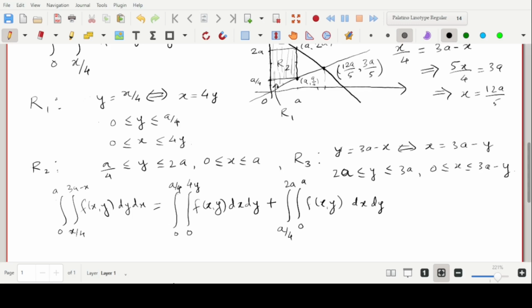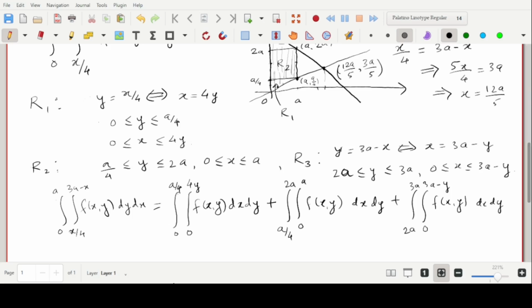Plus the integral of f of xy dx dy, where x will vary from 0 to 3a minus y, and y will vary from 2a to 3a.